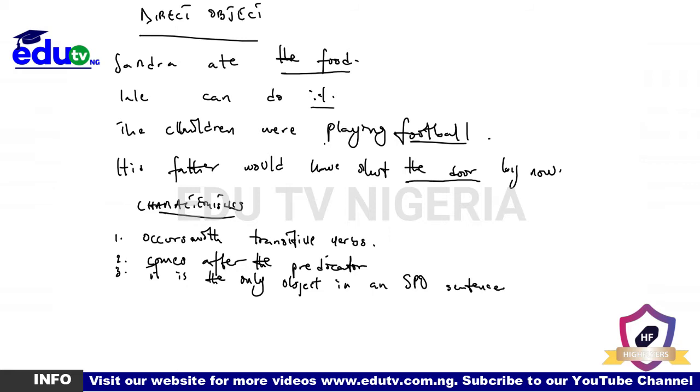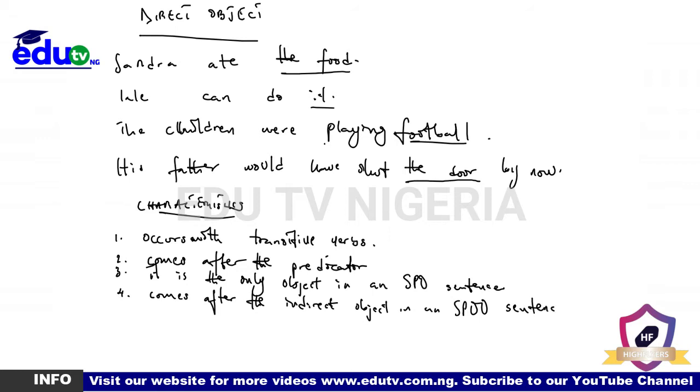However, when we have two objects, obviously, then it comes after the indirect object in an SPOO sentence.